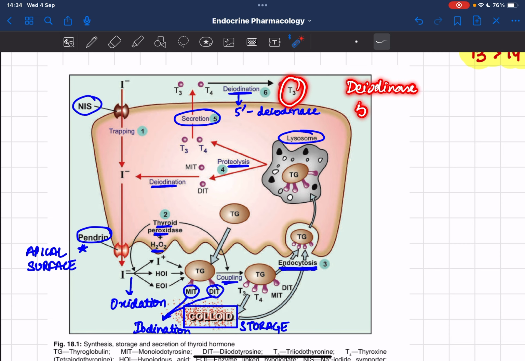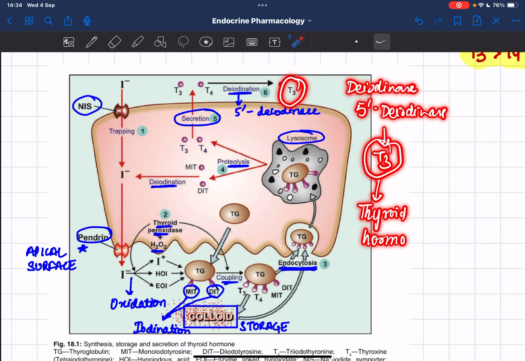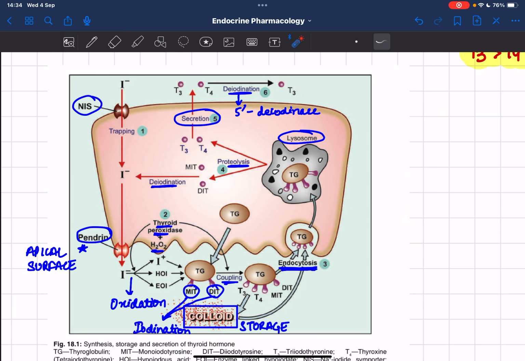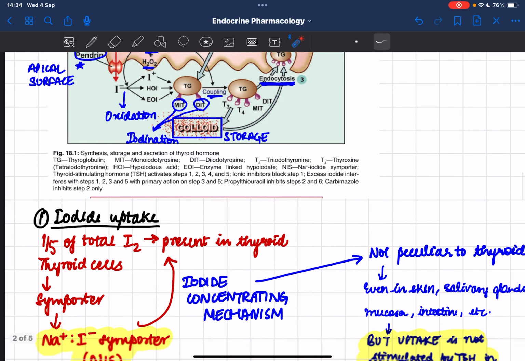And there T3 acts and produces the metabolic effects of thyroid hormone. So that in all was everything that we will find further written, right?